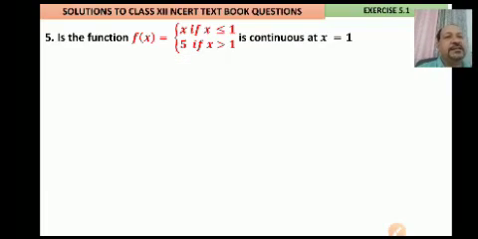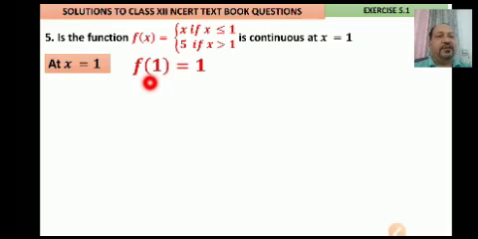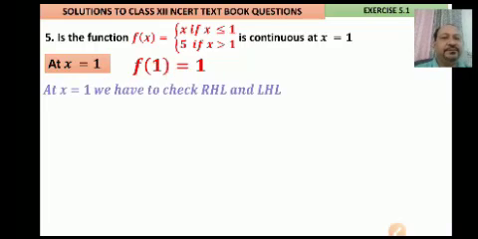Again, you have to check the continuity of this function at x equal to 1. At x equal to 1, f of 1 equal to 1. In this function, when x equal to 1, the definition of the function is x, so f of 1 is also equal to 1.